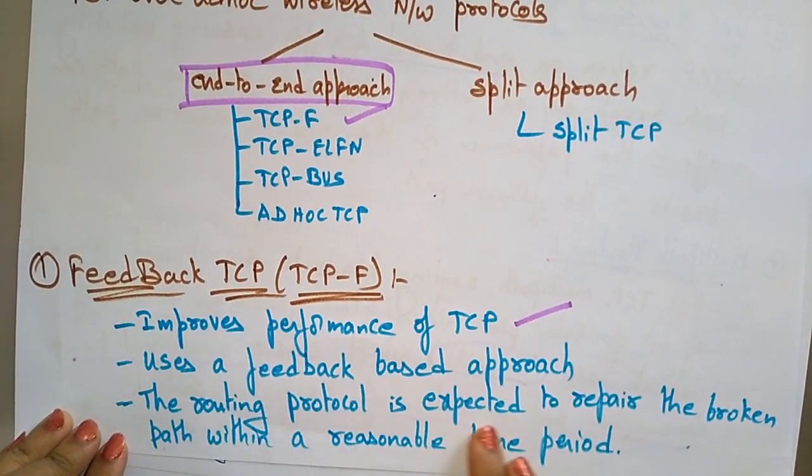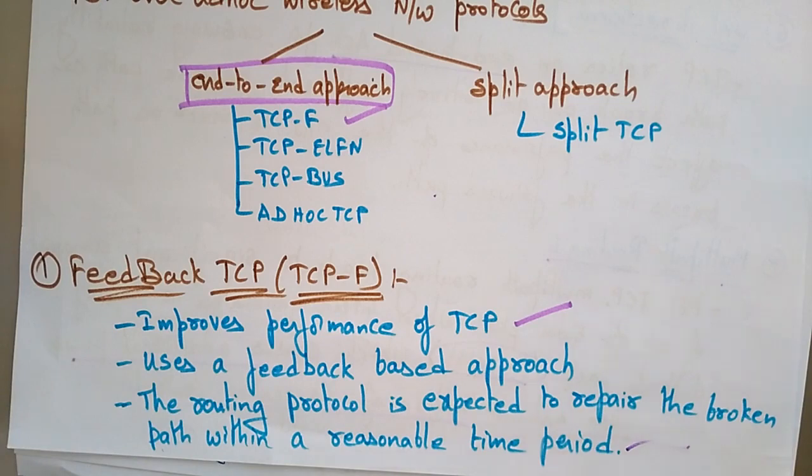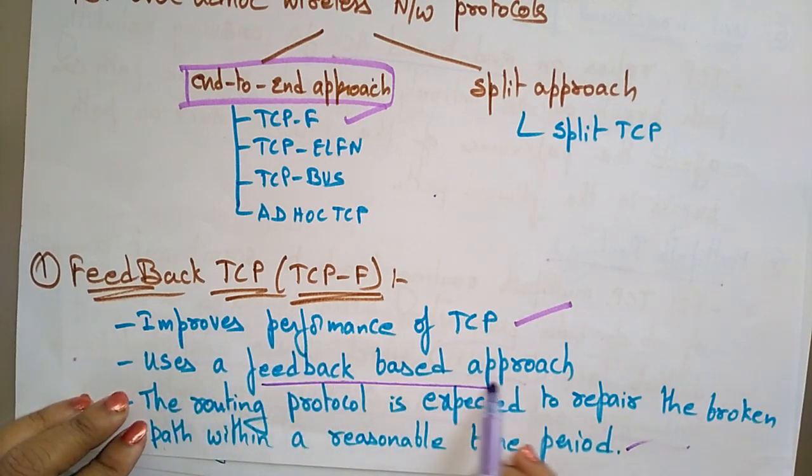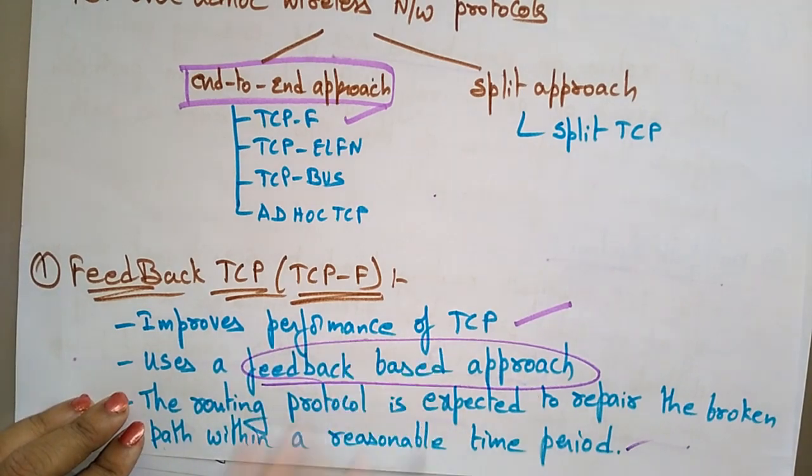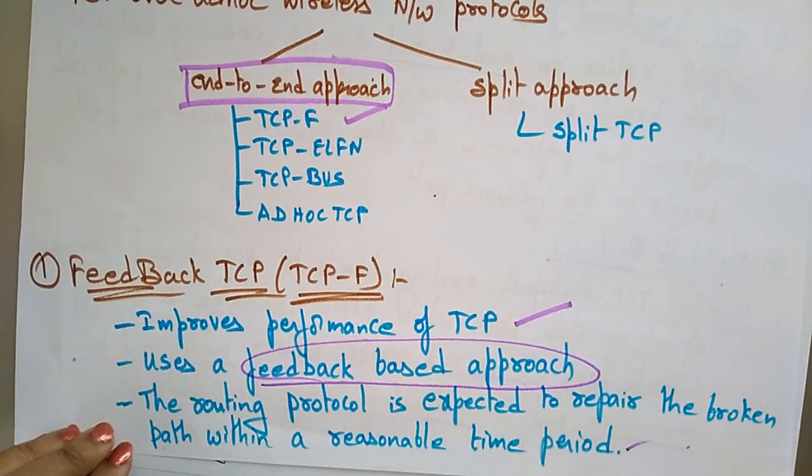The routing protocol is expected to repair the broken path within a reasonable time period. So what is the main use of this feedback protocol? It's just like a handshaking. Whenever I say hi, you reply with a hello. So this protocol uses a feedback based approach.